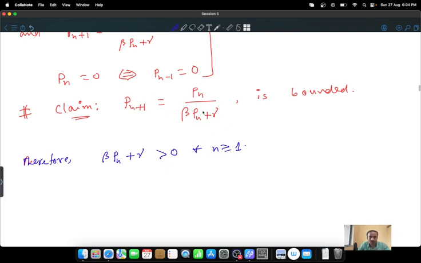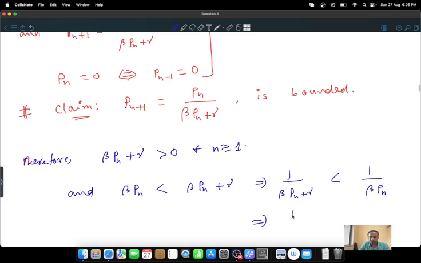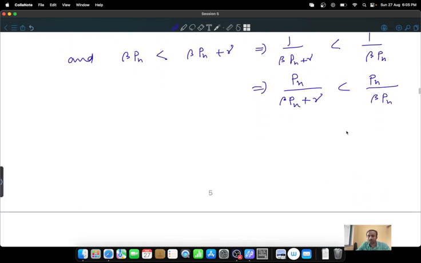Okay, so there is no confusion here. And now beta of Pn is strictly less than beta Pn plus gamma. So if you take the ratio, then you get 1 by beta Pn, right? Now since Pn is positive, the inequality will not change if you multiply it by a positive number, and this is possible only because Pn is positive, otherwise the inequality would have changed.